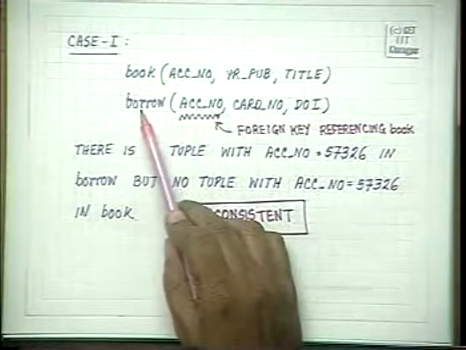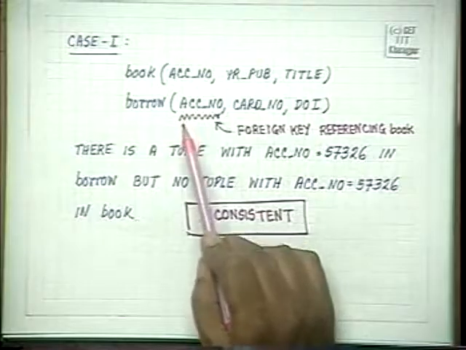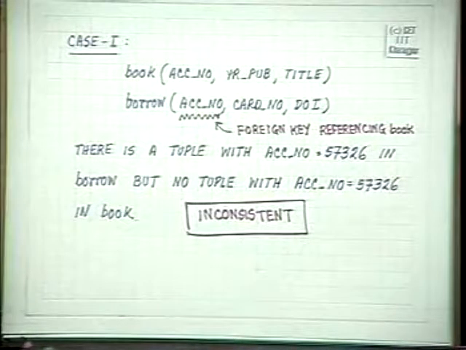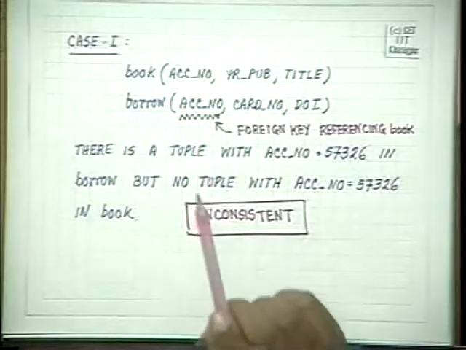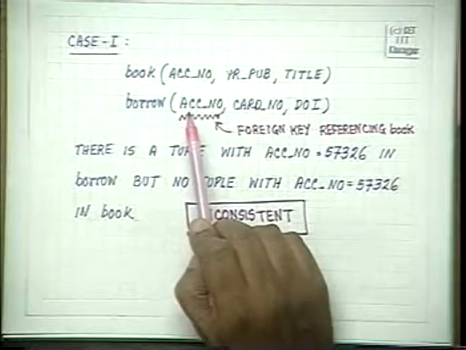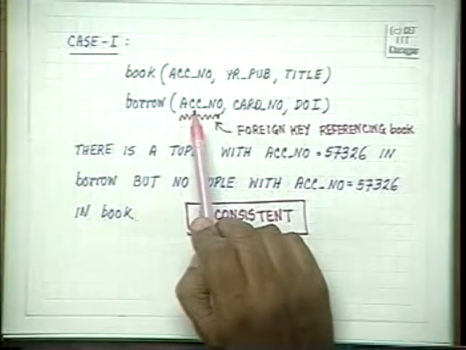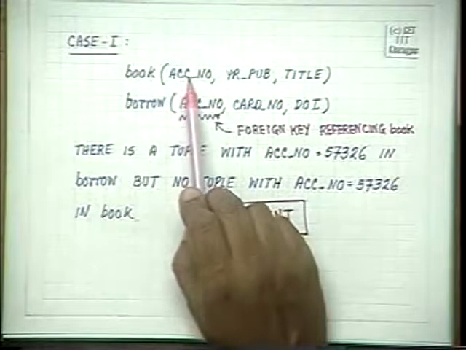Accession number is a primary key of borrow, that is all right. But accession number is also a foreign key referencing the relation book, which means that in the relation book, for every accession number which exists in borrow, there must be a tuple in book having the same accession number.